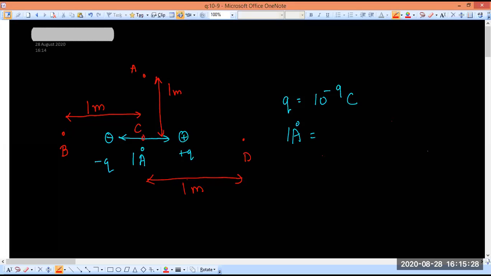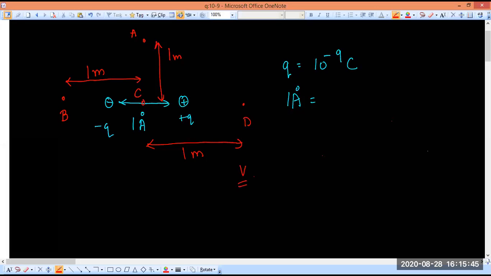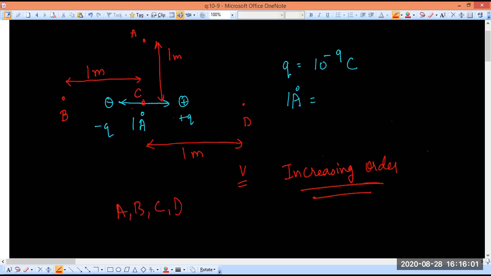Then you have to find potentials, right? You have to find V at every point and arrange in increasing order. You arrange the potential of these 4 points A, B, C, D in increasing order. C is the midpoint, of course. Do it. Come on.